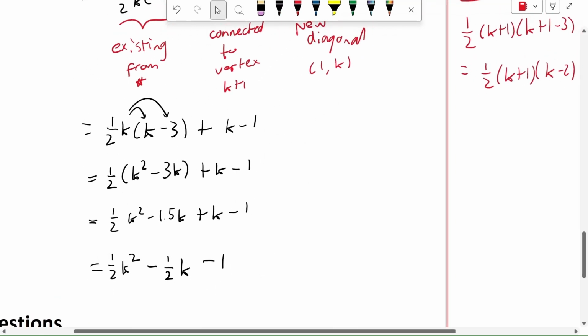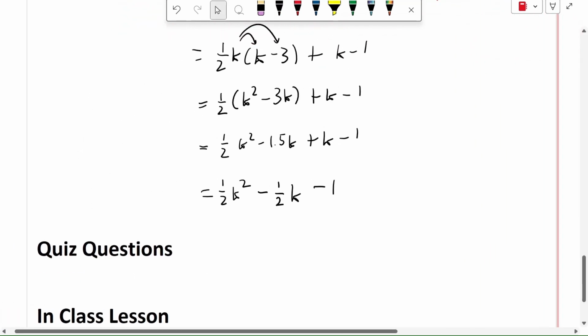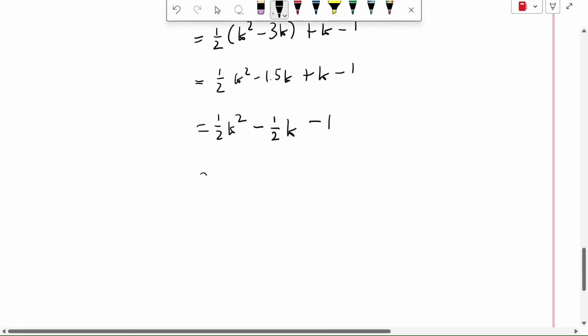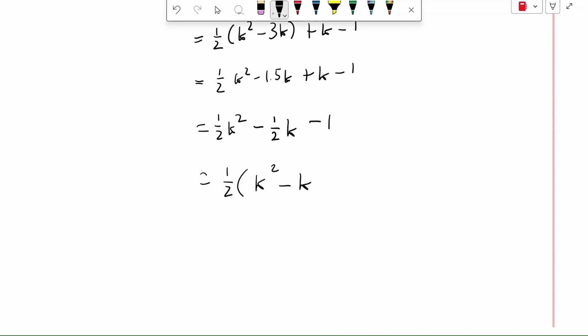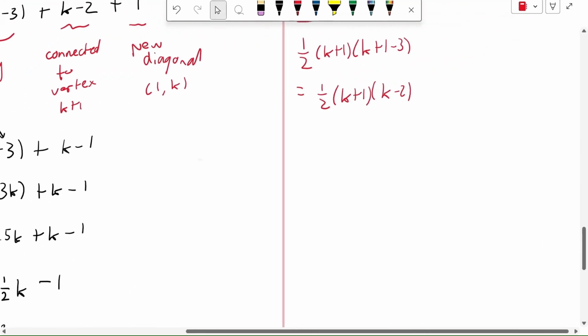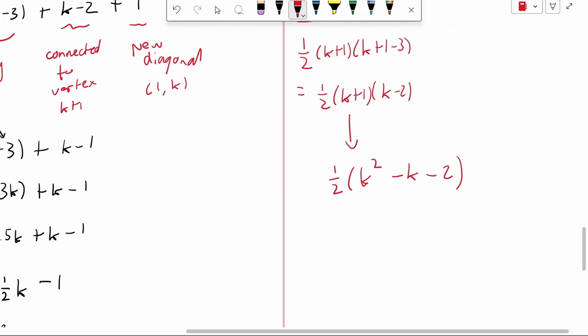Now let's look at our want to show. The want to show does have a factor of a half out the front, so I'll be pulling out a factor of half here. So half, and then we've got k squared, minus k, minus 2 now, because if you think about pulling the half back in, that would give you the 1 here when you re-expand it. Now there are 2 approaches. You can do the sledgehammer method and expand this, which gives k squared minus k minus 2.